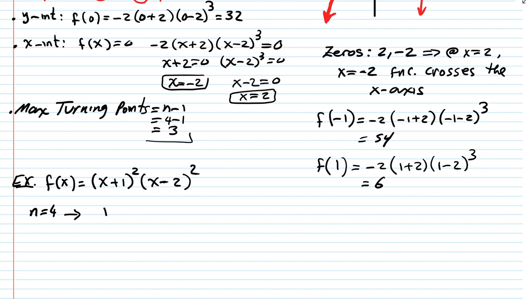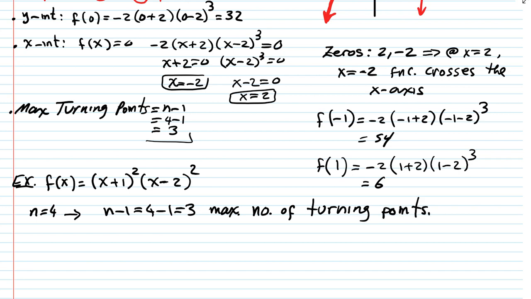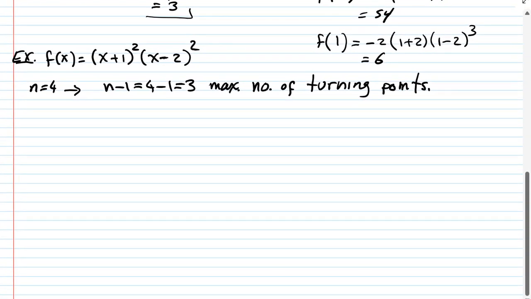So that means n minus 1, 4 minus 1, 3 is the max number of turning points this thing could have. The graph of this function could have at most 3, no more than 3. Could have 3 or 2 or 1 or none. We'll see about that when it gets closer.